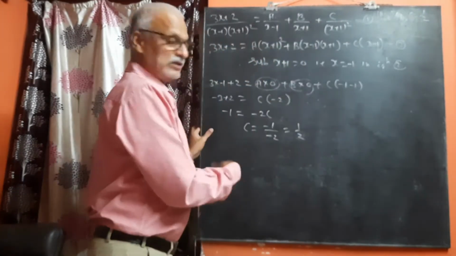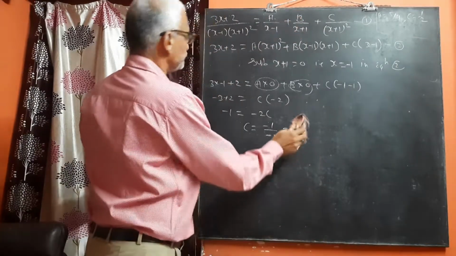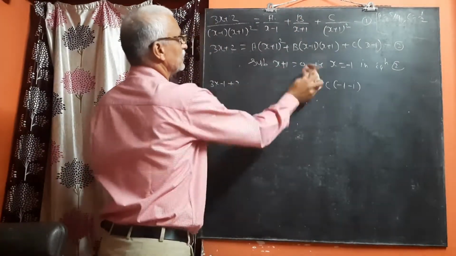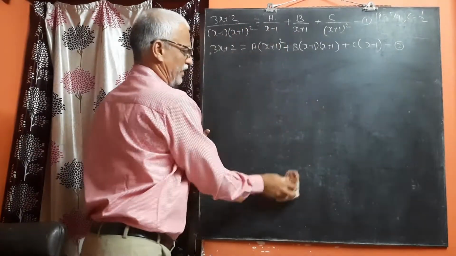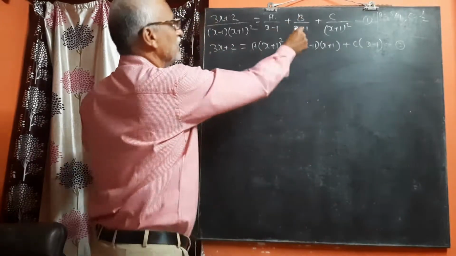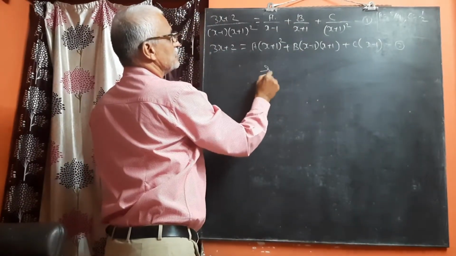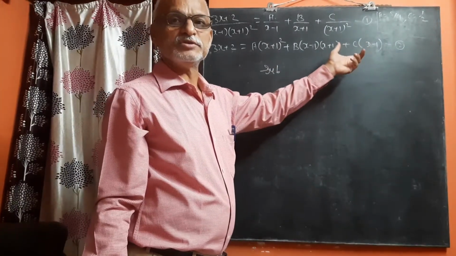Now the third substitution. We have got the value of a and c. Now to get the value of b, we have to substitute any value other than the previous two substitutions.